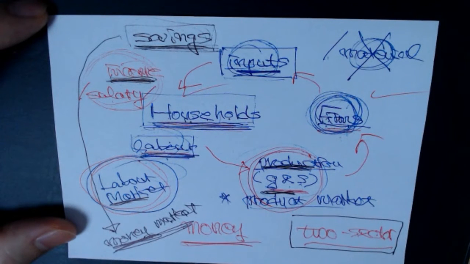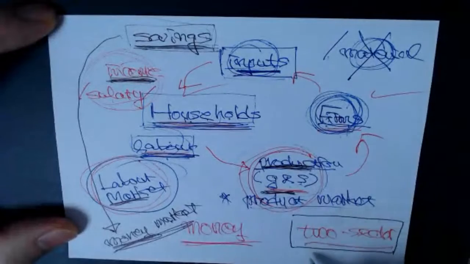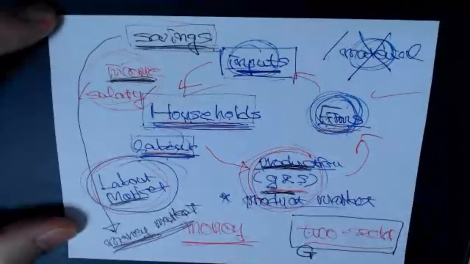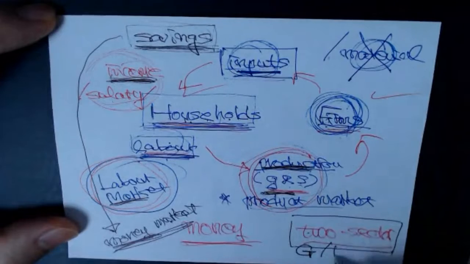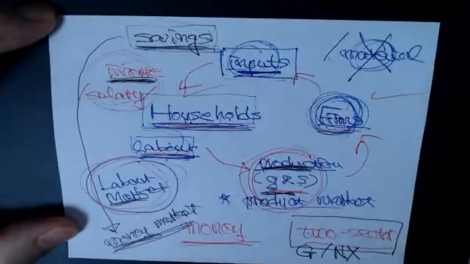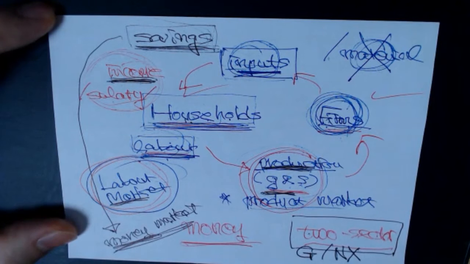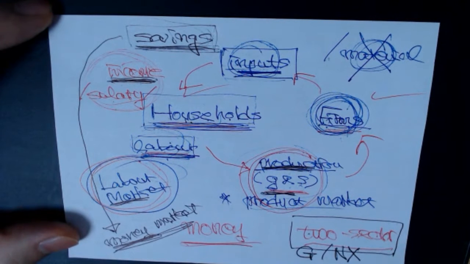The 3-sector and 4-sector models are the same. We're just going to add government onto this. When we add government, we call it 3 sectors. When we add the external sector, foreigners, we call it 4 sectors. Nothing will change.